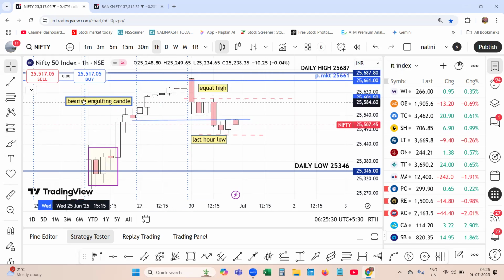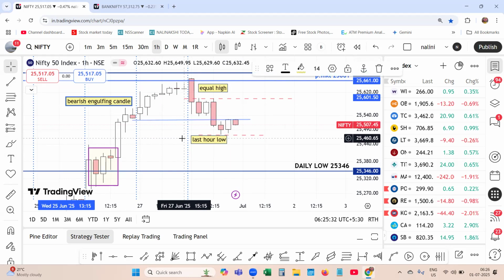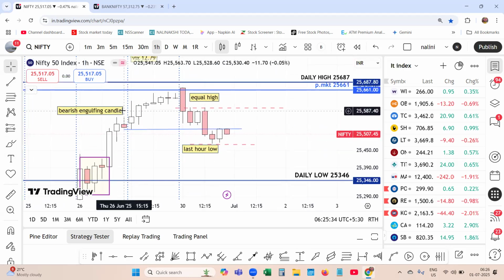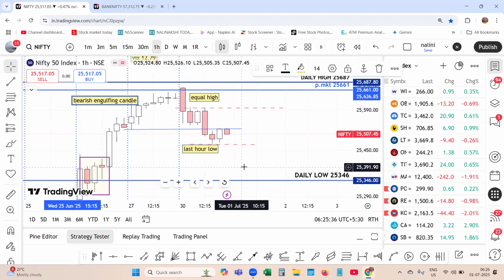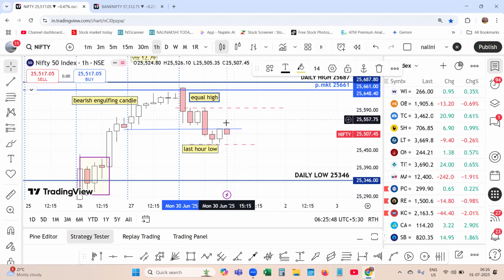So when the bearish engulfing candle is presented over here, price action has to confirm failure and moving above this level. Suppose today, if the market opens high, if it starts trading inside this, yesterday's low and high.